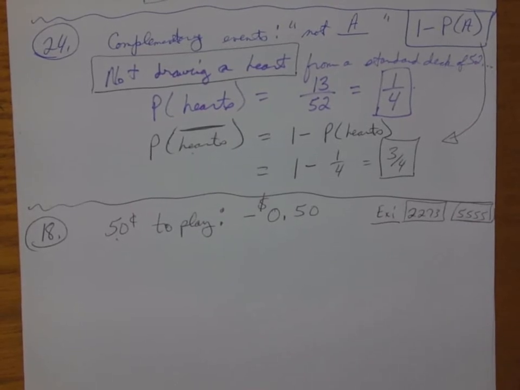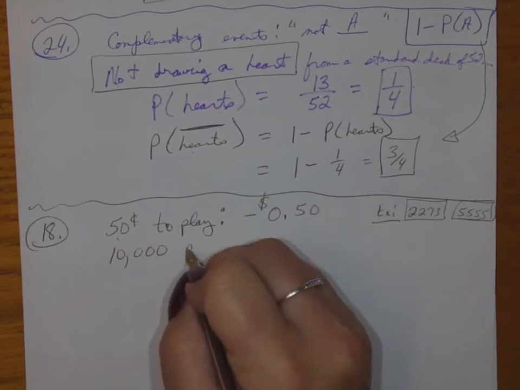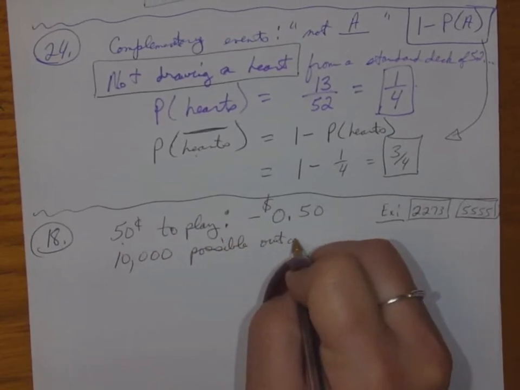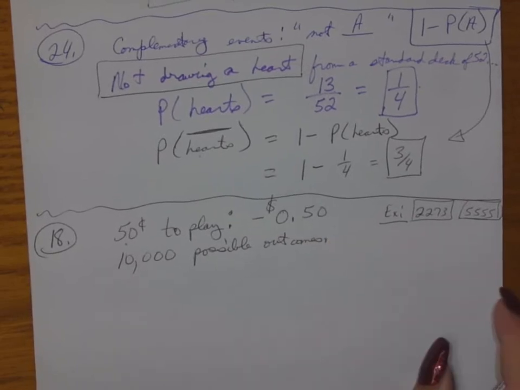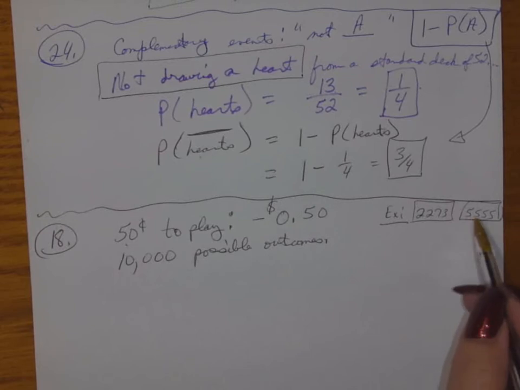And then they tell me that there are 10,000 different possible 4-digit sequences. Why are they telling me that? 10,000 possible outcomes, right? That's my total. That's how many different combinations I could get whenever I do this Pick 4 lotto.